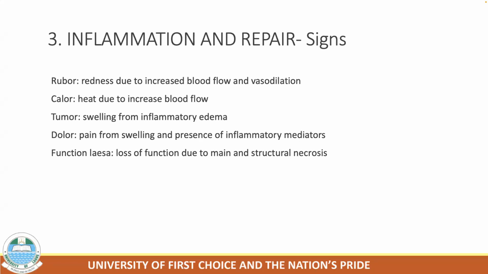So, inflammation and repair. Inflammation usually has about 5 signs from which we say there's inflammation happening. Redness due to increased blood flow and vasodilation, heat or fever due to increased blood flow, swelling from inflammatory edema, pain from swelling and presence of inflammatory mediators, mostly cells, and pain transmitters as well.